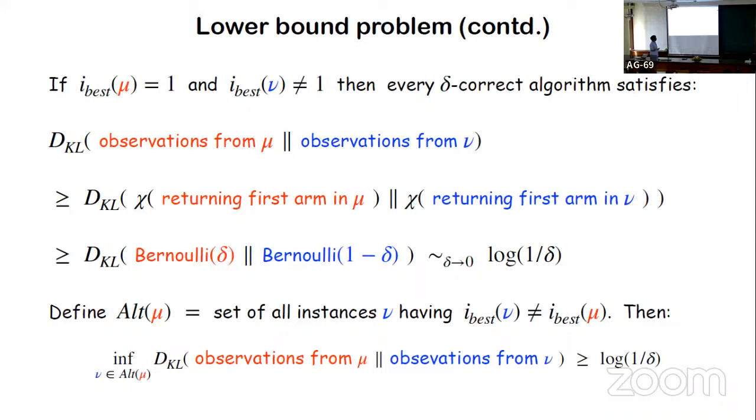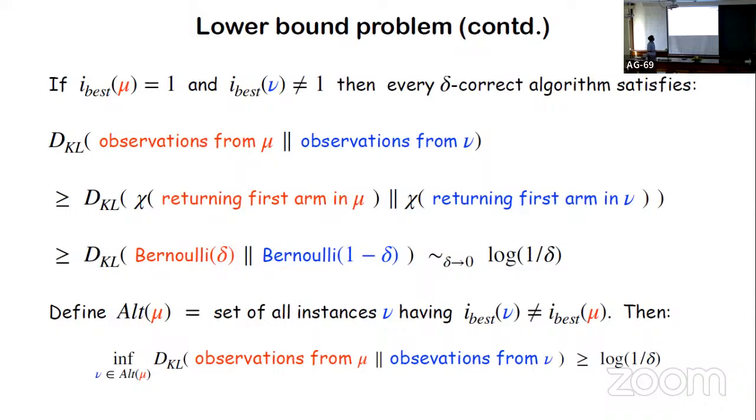So now let's say mu has arm 1 as the best arm and nu has a different best arm, not 1. Then every delta correct algorithm satisfies the following. By the data processing inequality, we know that the KL divergence between the observations is at least the KL divergence between the events that the first arm is returned.